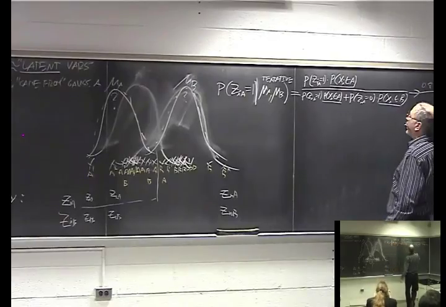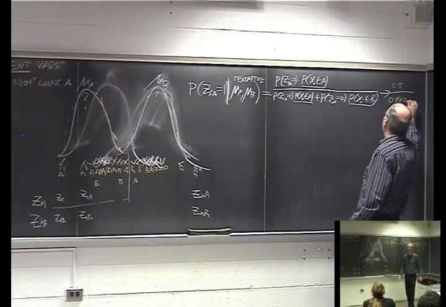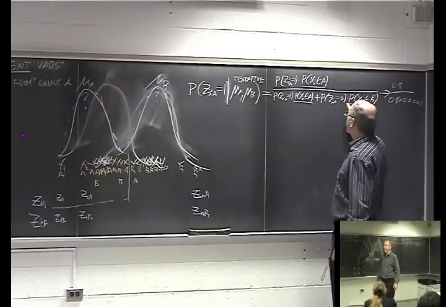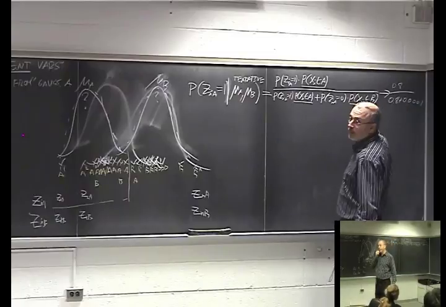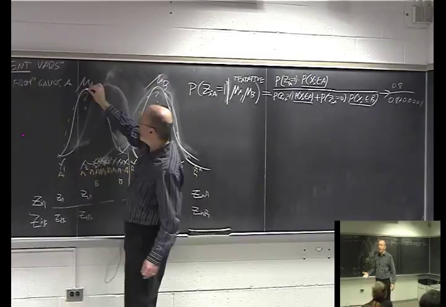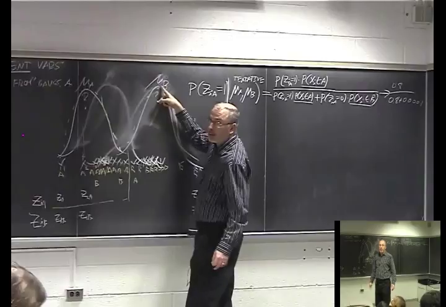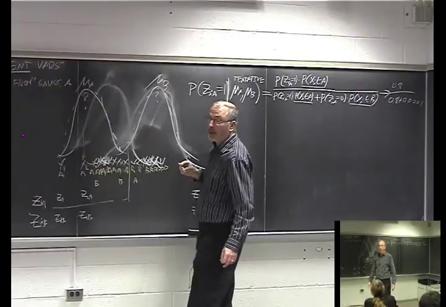Then these two numbers would be comparable, and you would get about 1/2. So given tentative mu's, we could calculate the probability for each one of the z's to be 1 or 0.